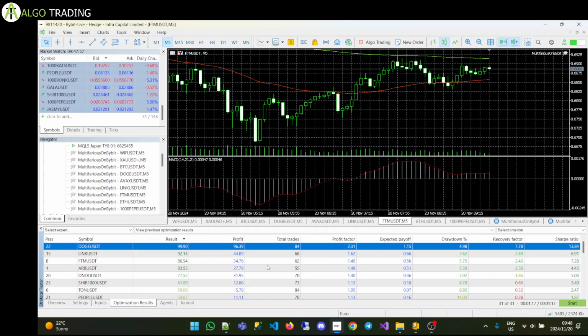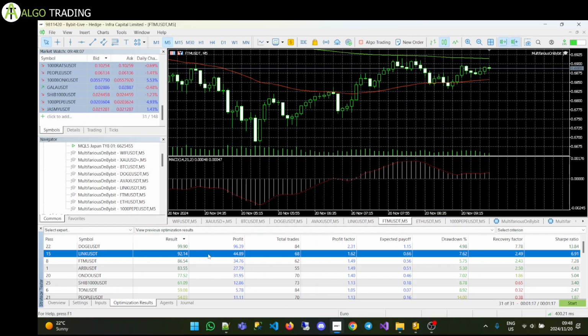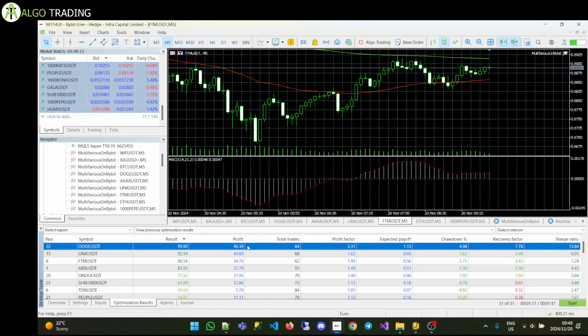You want to be able to work the same strategy across multiple instruments. You could actually run this against any of these and it will still be profitable. You could just tweak them slightly, change the stop losses slightly or the trailing stop slightly. But with the Doge settings, it is profitable across all of these instruments.